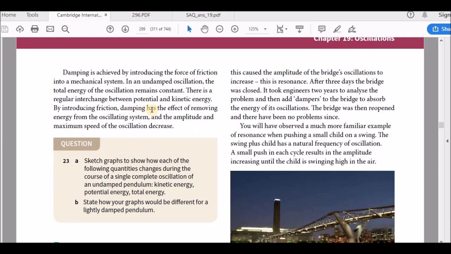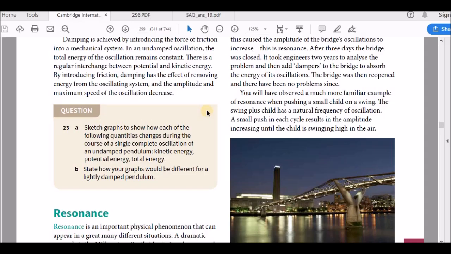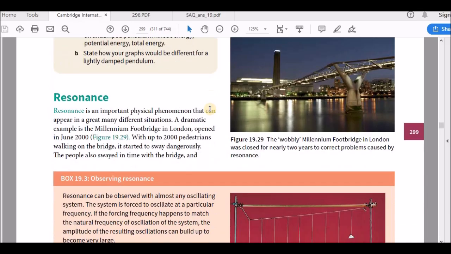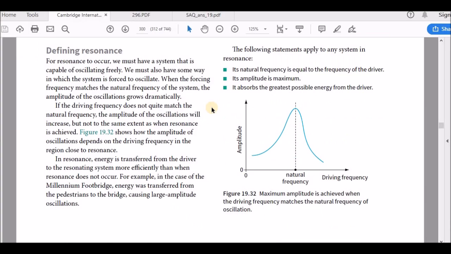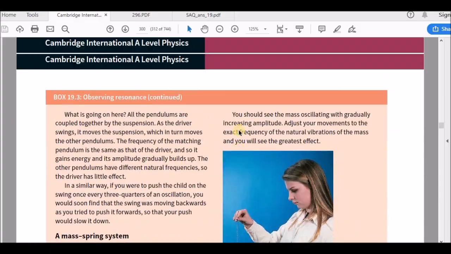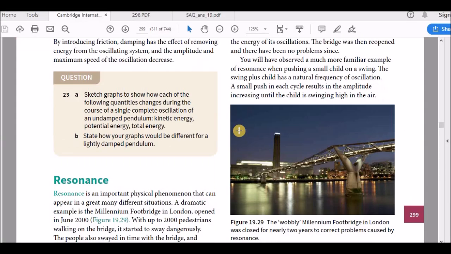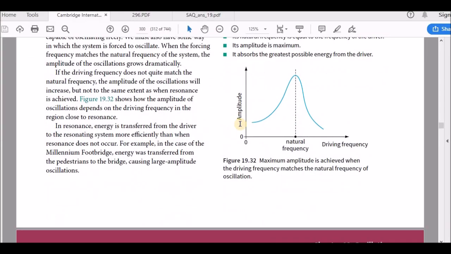By introducing friction, damping has the effect of removing energy from the oscillating system, and the amplitude and maximum speed of the oscillation decrease. I think there was a graph with over damping and under damping. Yeah, that is this one. We will learn about that after resonance, and we will compare everything together.